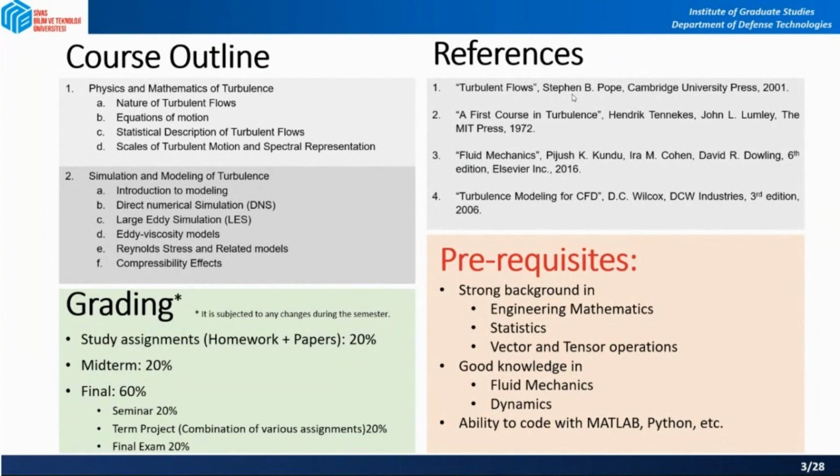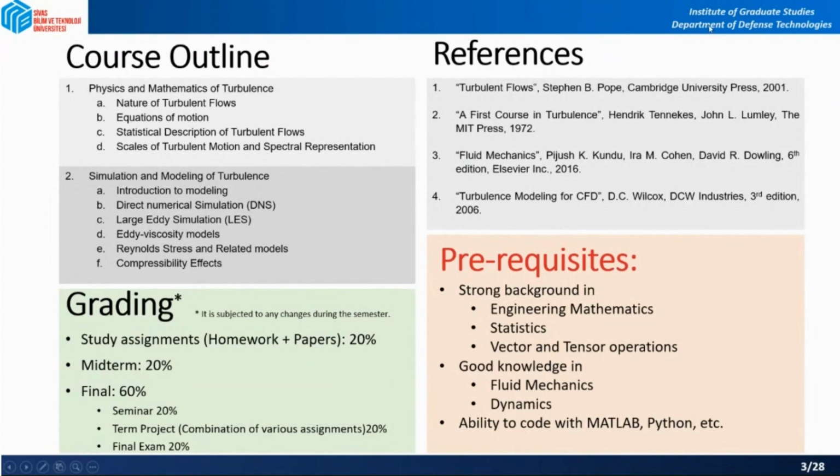Turbulence itself is all about mathematics and physics. Of course, we apply it in engineering because we have to solve different problems, but you are expected to develop a solid understanding of mathematics and physics, like tensor mathematics or vector mathematics. We will review it shortly, and also the physics, fundamental flow fields.